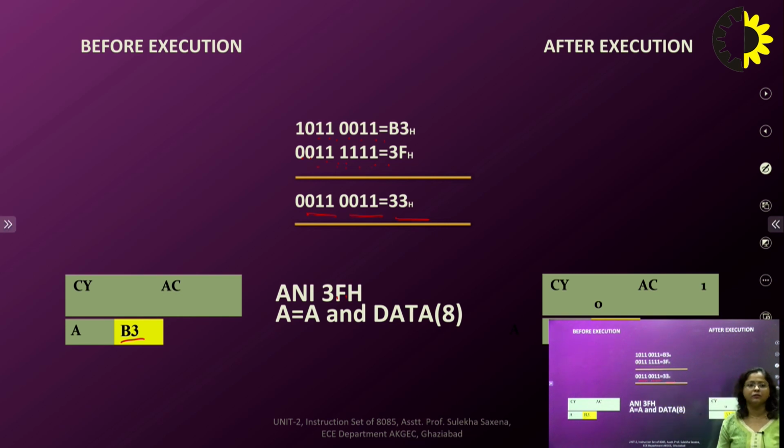So the result will be 33, which is stored in the accumulator. Also the carry flag will be reset and the auxiliary carry flag will be set. By seeing this data, we can find out that the sign flag will be 0, the zero flag will be 0, and with an even number of ones, the parity flag will be 1.